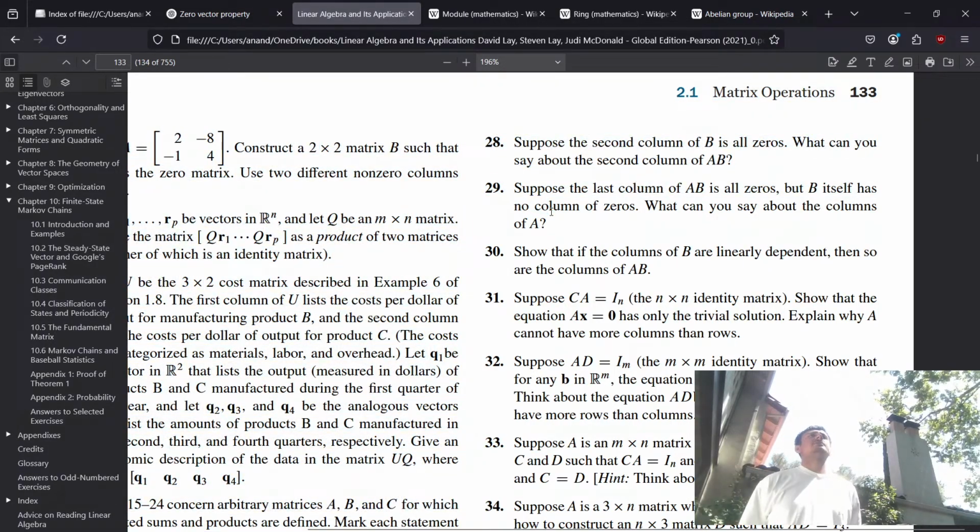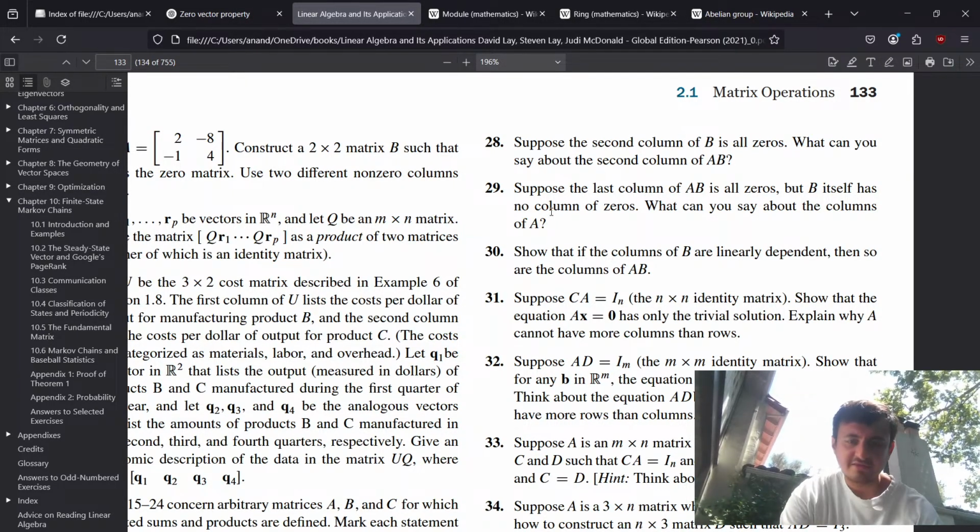The last column is all zeros. So let's say we have some A times X is equal to 0, but X is not equal to 0. That's the thing about linear algebra. There's so many theorems to remember.